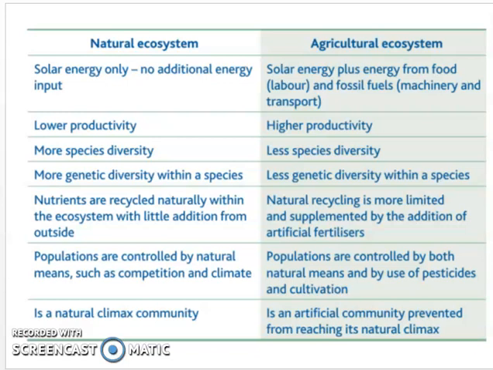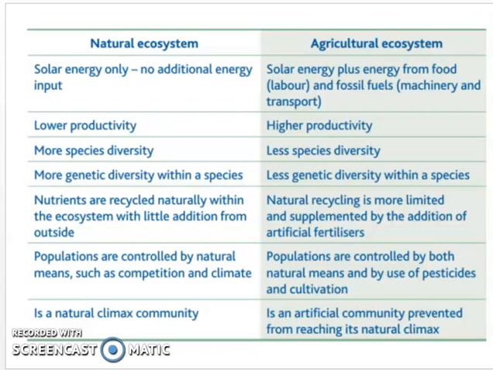Nutrients are recycled naturally within the ecosystem with no addition from the outside, whereas modern farming methods have to use fertilizers because natural recycling is limited because we harvest the food for consumption. So therefore we're constantly taking from the soil, we need to add those nutrients back. We will talk about fertilizers in the next topic, 7.3 or 7.4, I can't remember the number.